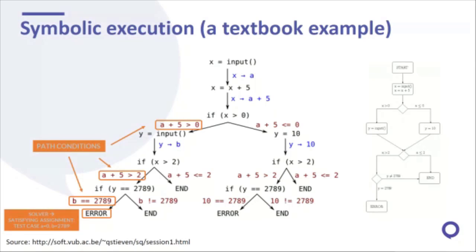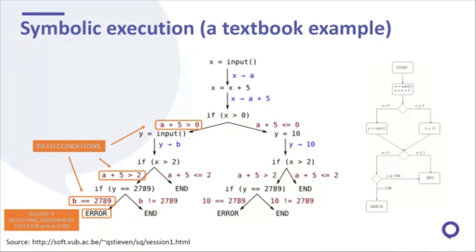The constraint solver is given a set of constraints, which are exactly the set of path conditions that are marked. Since this is a satisfiable constraint set, it will give us a satisfying assignment for the values A and B, for example 0 and 2789. And this will reach the error state in a guaranteed manner. There is no trying, no random input generation. It's a guaranteed process.